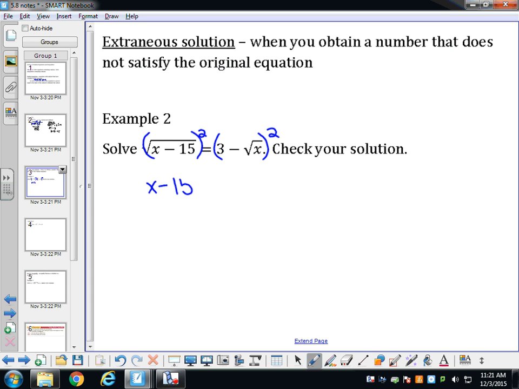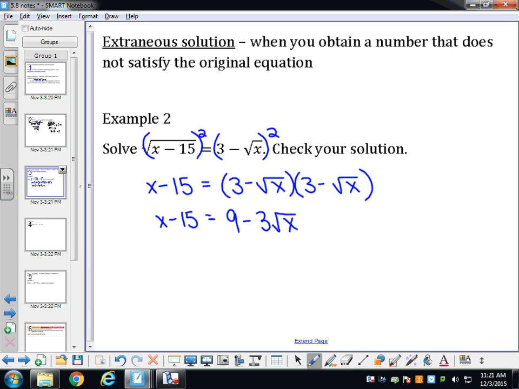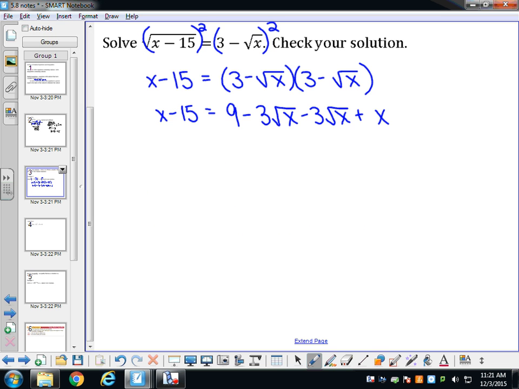So I'm left with x minus 15 equals 3 minus the square root of x times 3 minus the square root of x. On the right side, we must FOIL that out. So then I get x minus 15 equals 9 minus 6 square root of x plus x.